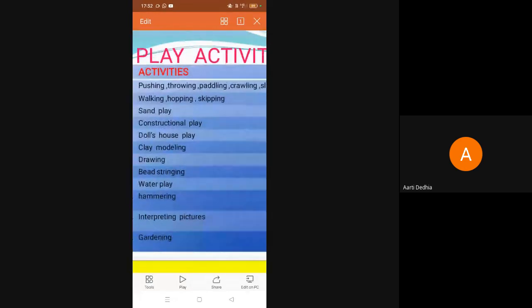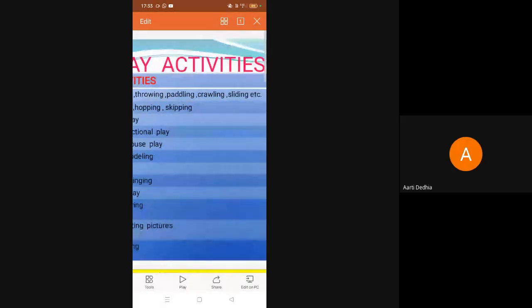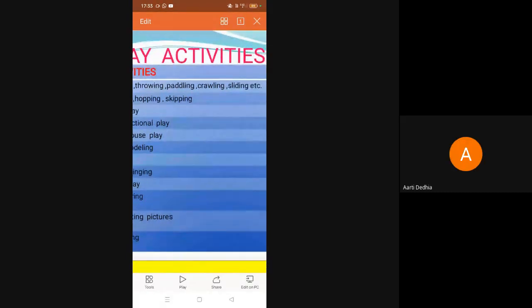And if we talk about the play activity, as we have discussed already, pushing, is it visible? Yes, sir. Rolling, sliding.